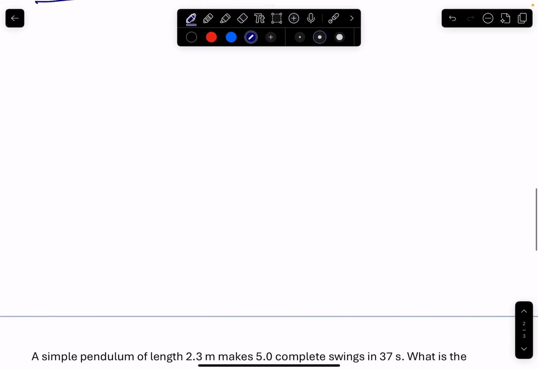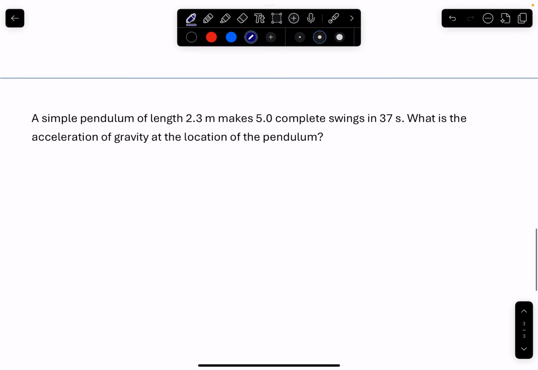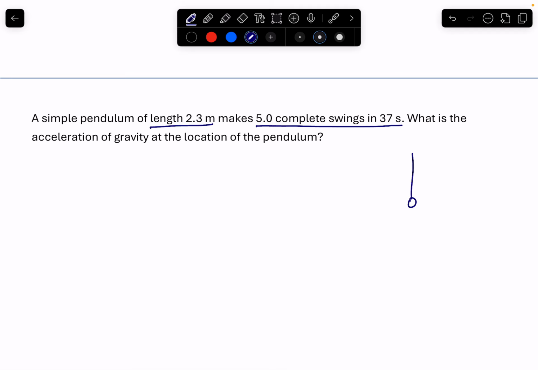Perfect. Next question. So a simple pendulum, we know the length, it makes 5 complete swings. For a pendulum, a complete swing is going up to the amplitude, coming back, going to the negative amplitude, and then coming back. So that's one complete swing.